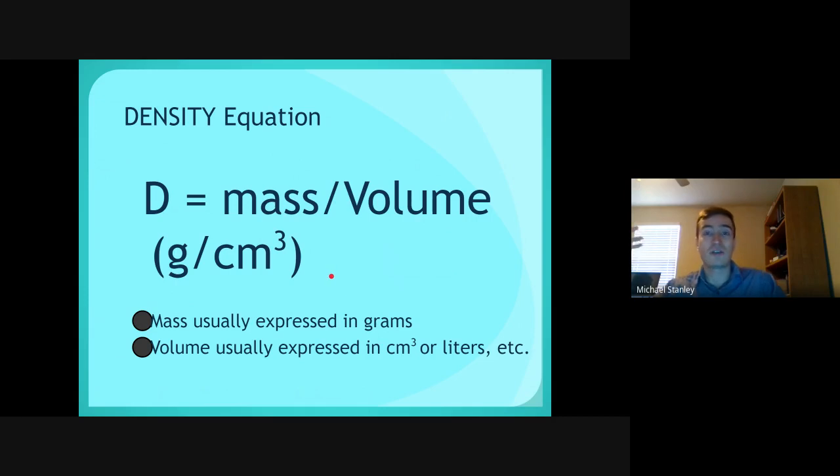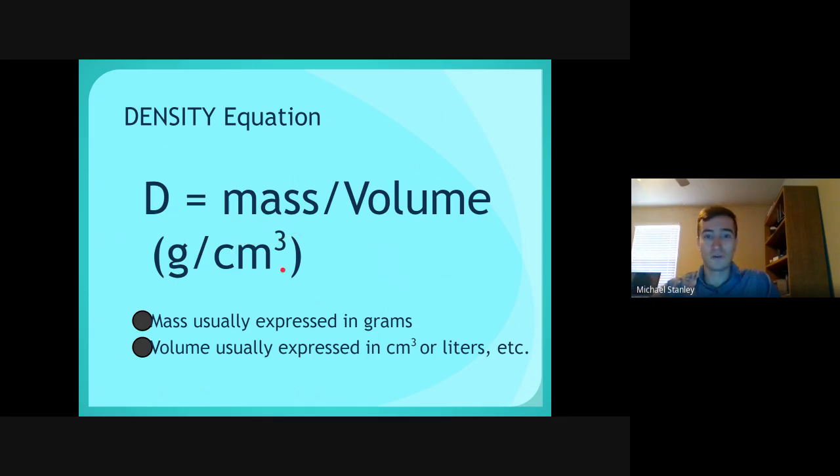Like we'd measure the weight of something in kilograms, or we'd measure the height of somebody in meters, we measure the density of a substance in grams per centimeter cubed. It's kind of like how in speed you have miles per hour or kilometers per hour. In density, you have grams per centimeter cubed.